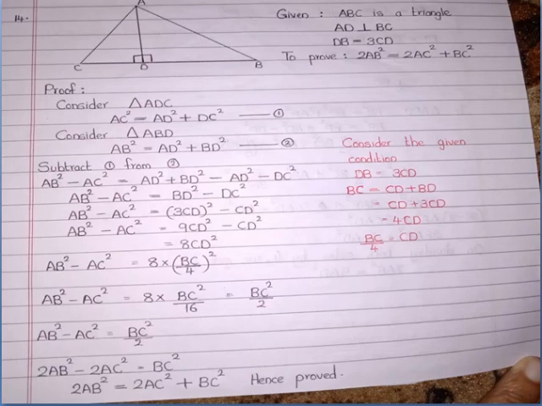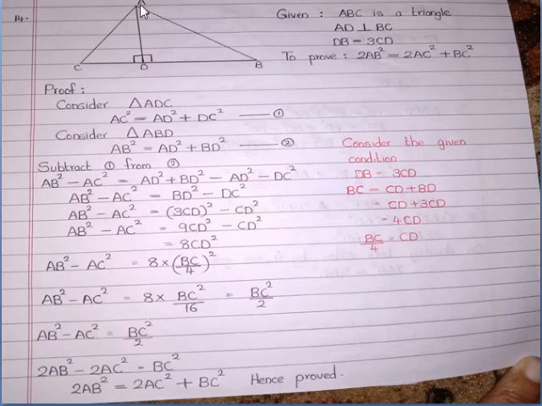In 14 you are given that ABC is a triangle, simply a triangle, and AD perpendicular to BC. Now consider triangle ABC and ADC. You will have AC square is equal to AD square plus DC square.